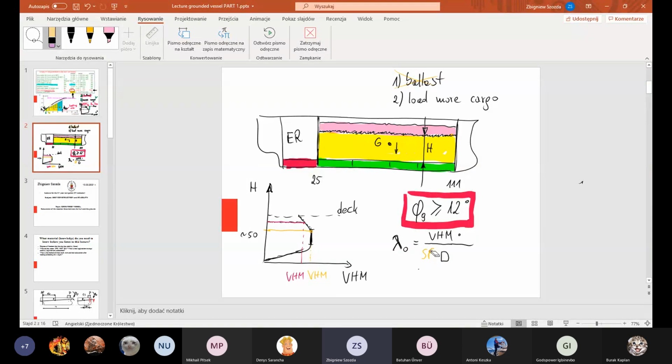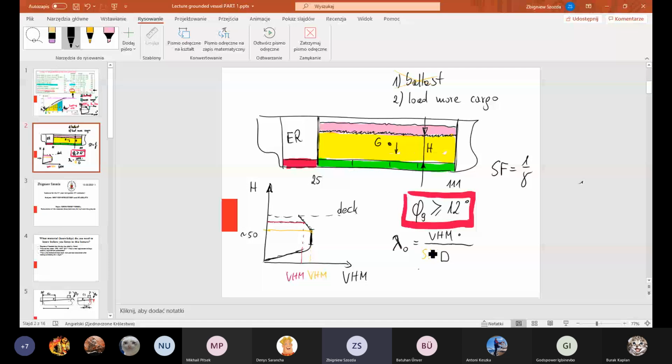It should be below VHM. Yes, stowage factor is 1 over specific weight. Okay, so you have to use stowage factor below VHM, or another option, use specific weight here. Yeah, it is the same.